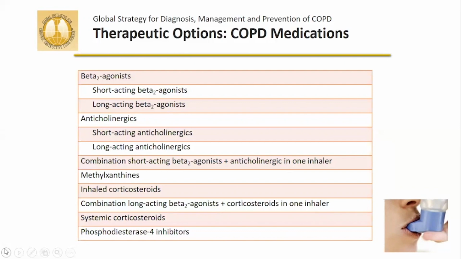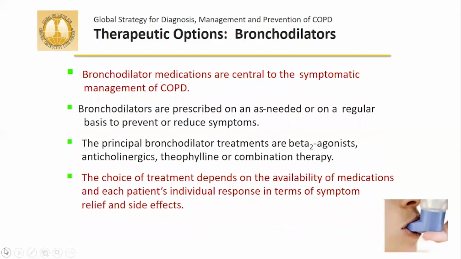Aside from bronchodilators, we also have steroids that will reduce the inflammation of the air tubes. And steroids can be given either as inhaled or systemic corticosteroids that can be given as tablets or as injectables. Now, bronchodilator medications are central to the management of symptomatic COPD.